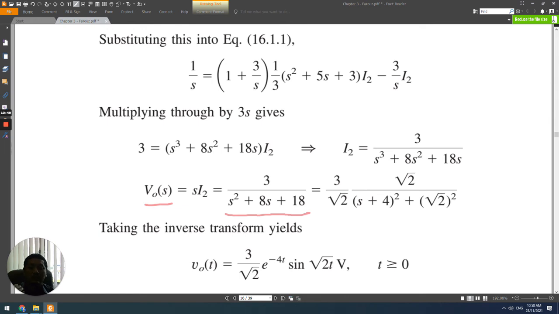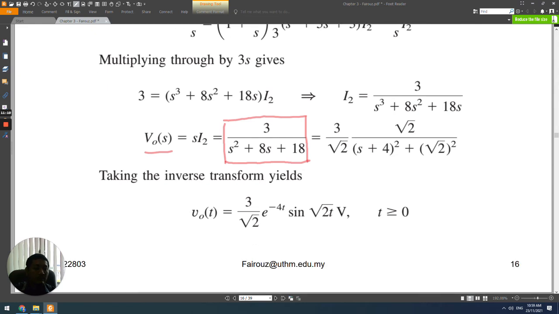We can refer to the Laplace transformation table to do the inverse. However, we have to make sure that the equation is in the correct form so that we can refer to the table.